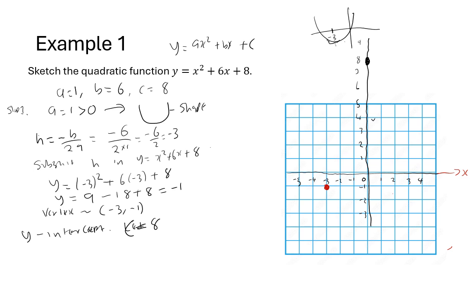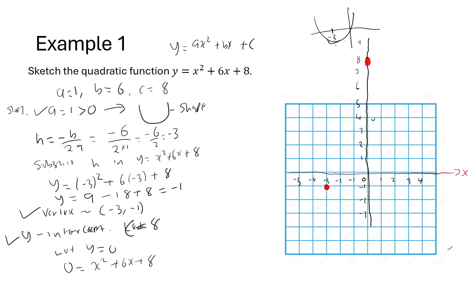And now the last step is to find where the line crosses the x-axis. We finished the first step, we finished the second step, we found the vertex. Now it's to find the x-intercept. To find the x-intercept, we just let y be equal to 0. So we'll have 0 equal to x squared plus 6x plus 8.